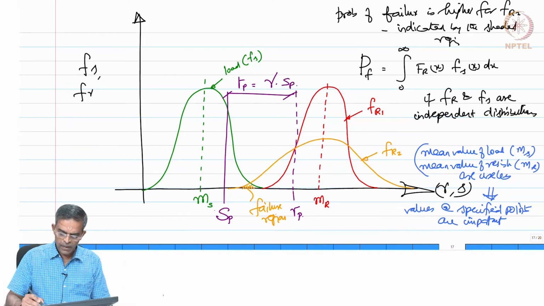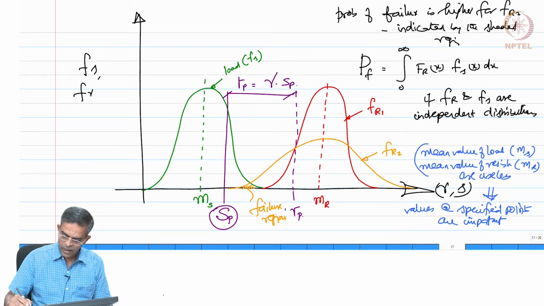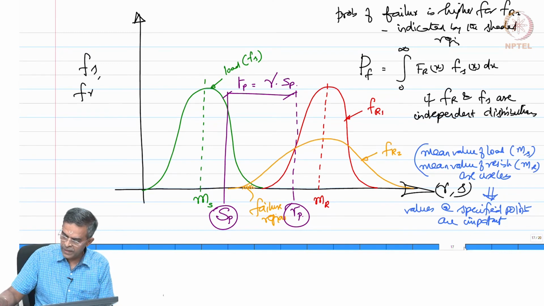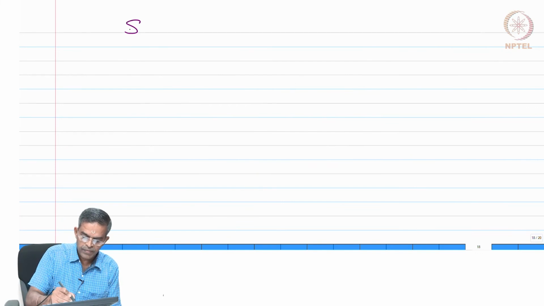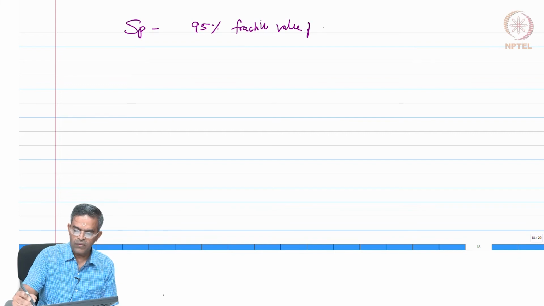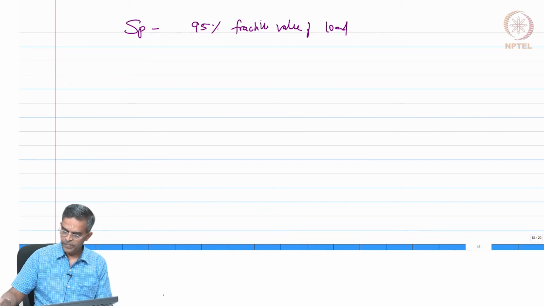Now, SP and RP are essentially, let us write it here, SP is the 95% fractile value of the load, okay.